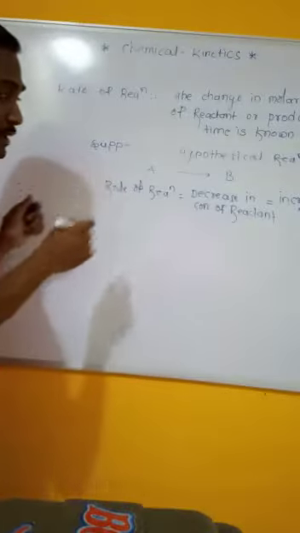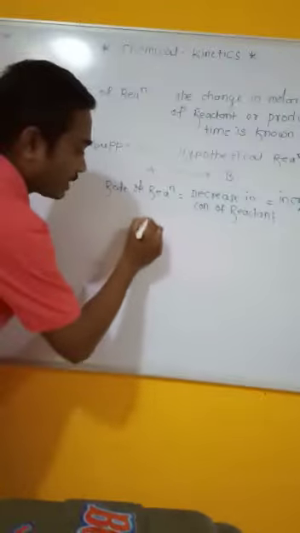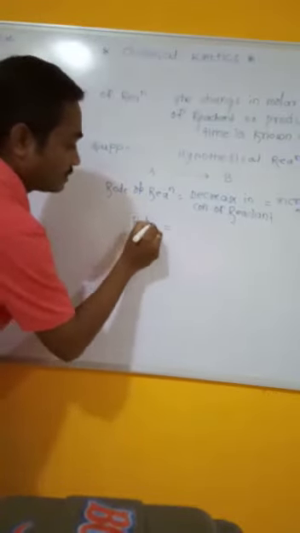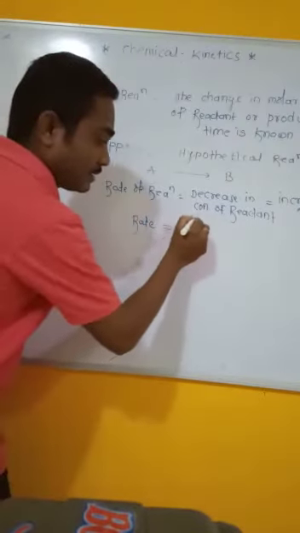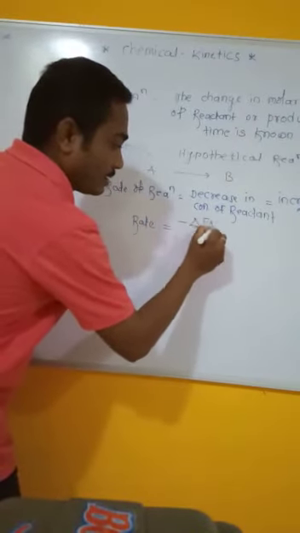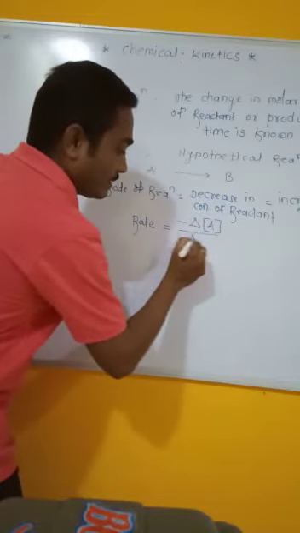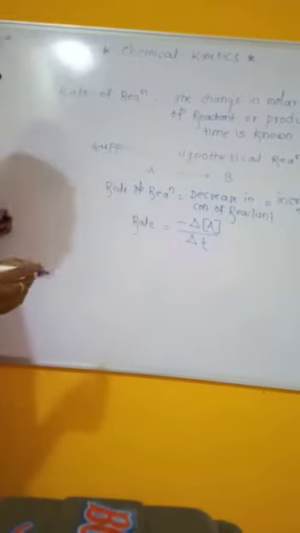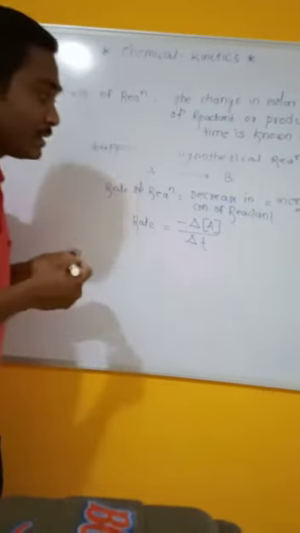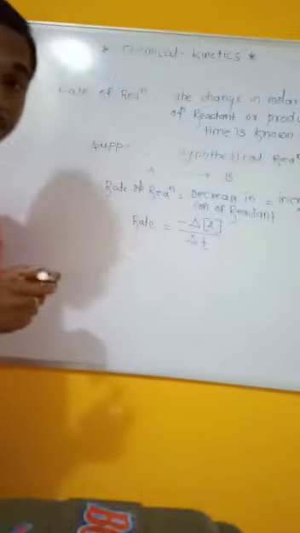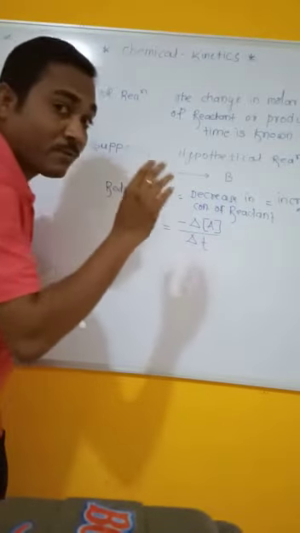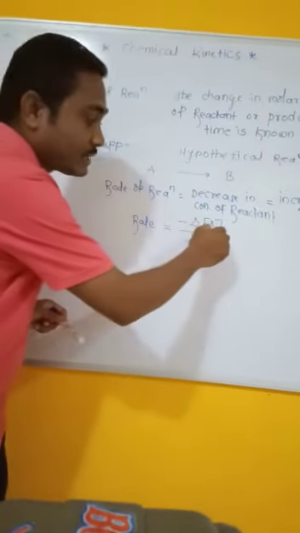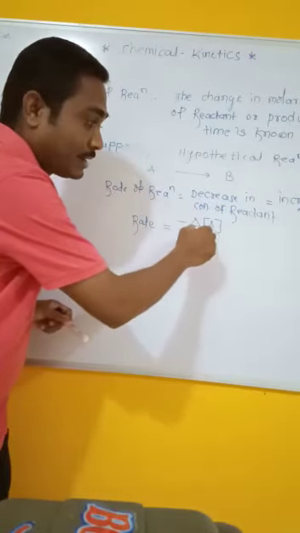In mathematical form, we write the rate of reaction as rate equal to minus Δ[A] divided by Δt. Why do we use a negative sign here? The negative sign indicates the decrease in the concentration of reactant. The delta sign is used for change, the square bracket indicates concentration, and A is the reactant.